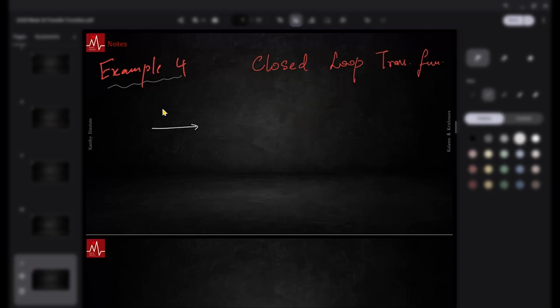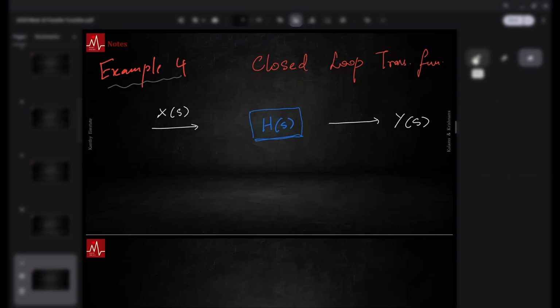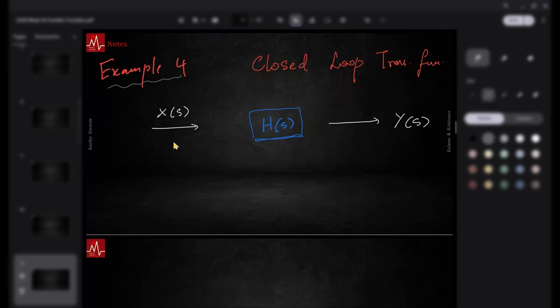What goes in is x of s, and what comes out is y of s. It goes through a system. I warmed you up for this abstraction, so I am putting H of s as the system. So this is roughly the intention, what you want, your wish. This is the outcome or reality.